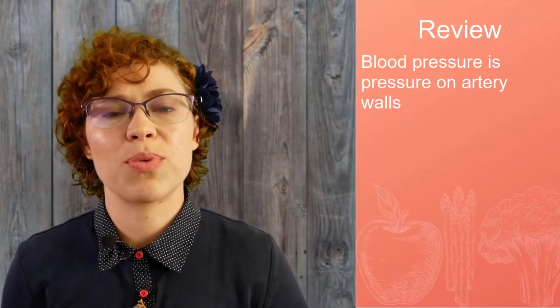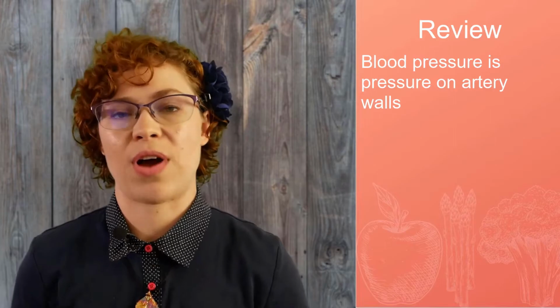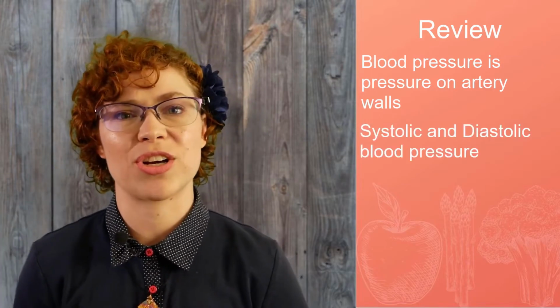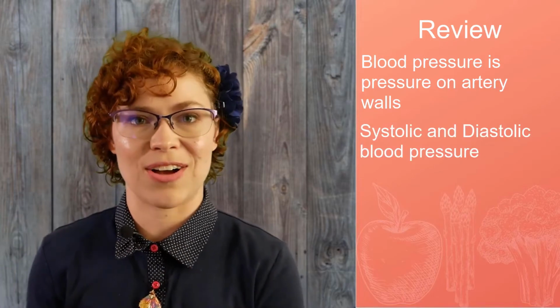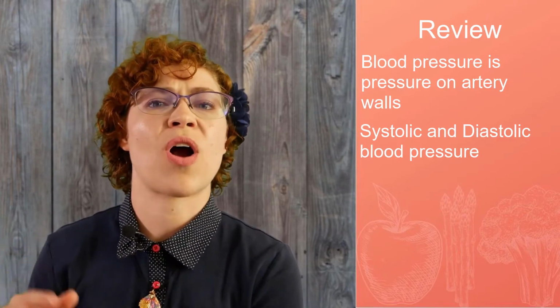Let's review what we learned today. Today we learned that blood pressure is the pressure of blood on the walls of our arteries. We also learned that there's two kinds of blood pressure, systolic and diastolic. Systolic blood pressure is when your heart is pumping. Diastolic blood pressure is when your heart is resting.